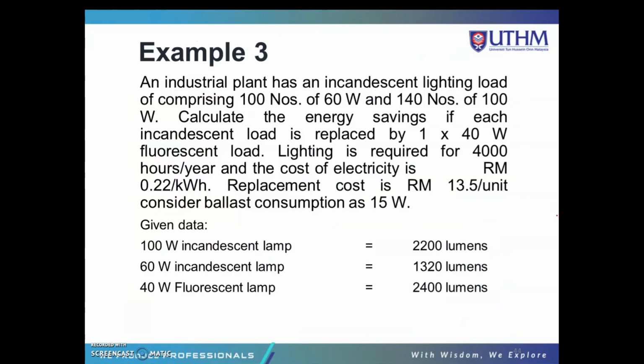So we look at example 3. An industrial plant has an incandescent lighting load comprising 100 numbers of 60 watt and also 140 numbers of 100 watt incandescent lamps.